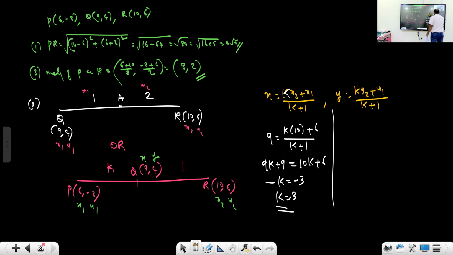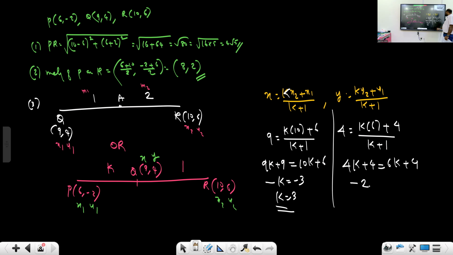Y value 4, K into 6 plus Y1 by K plus 1. Cross multiplication. Y1 is minus 2, no?